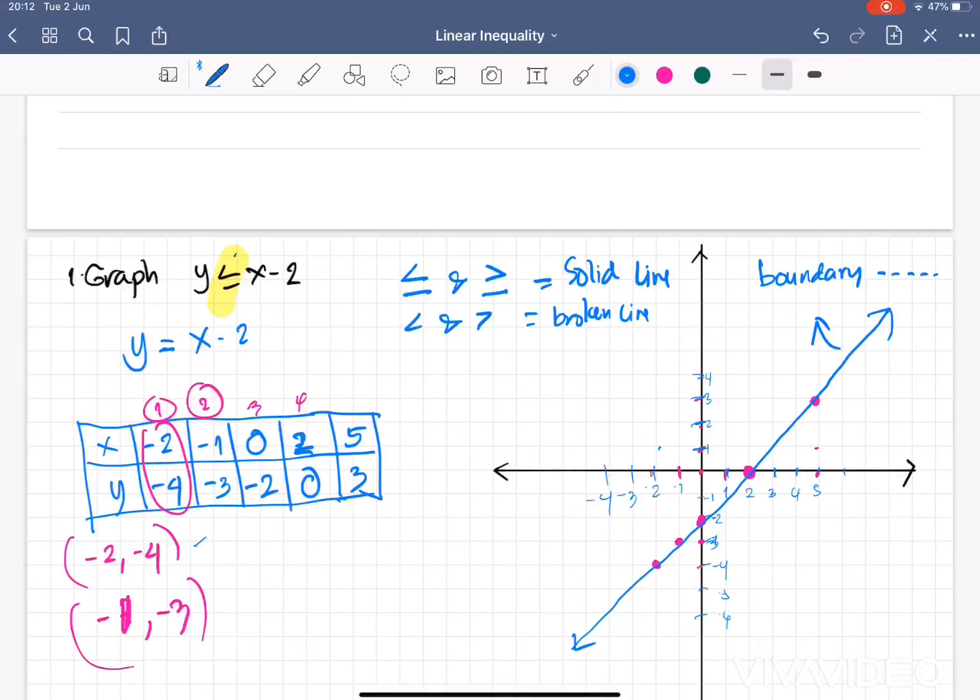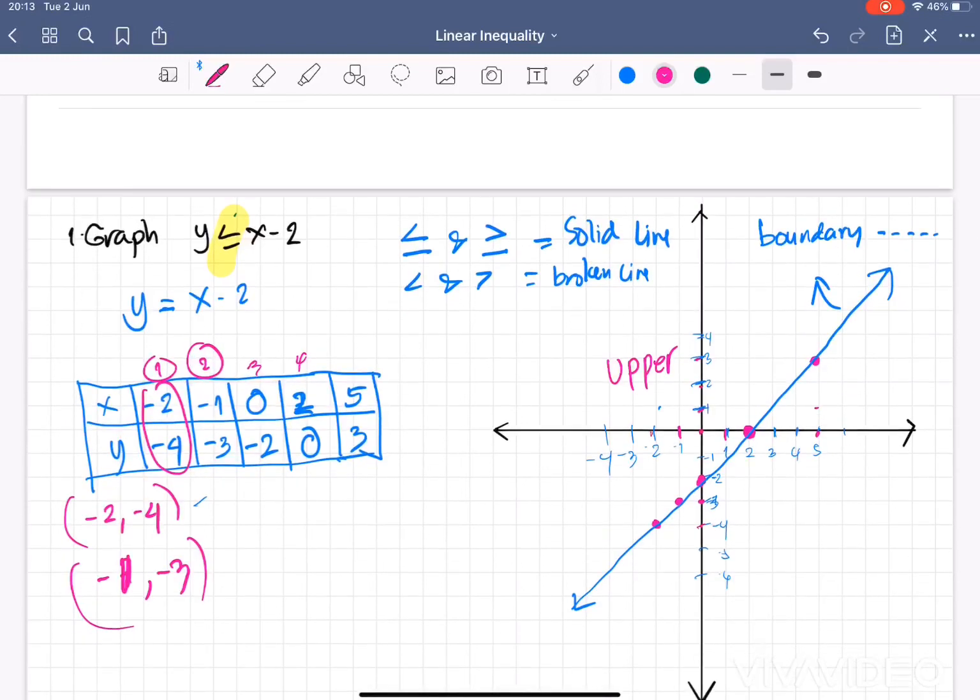Now, since we have less than or equal to, we will be using the solid line. And as you can see, this solid line, the boundary line, divided our Cartesian plane into two regions. Let us say, for example, this is the upper region, or maybe you can say left region, and this side of the boundary line, let's call the lower region.